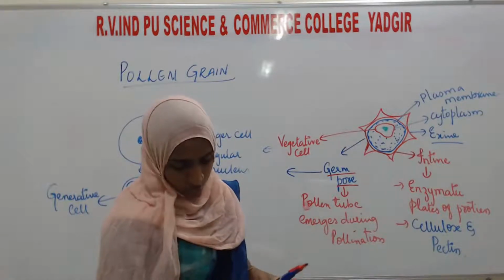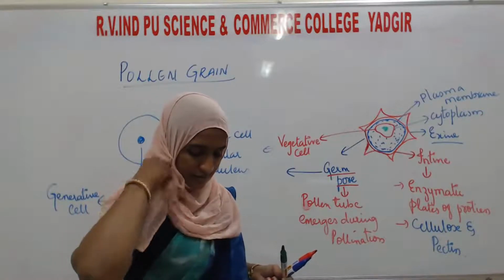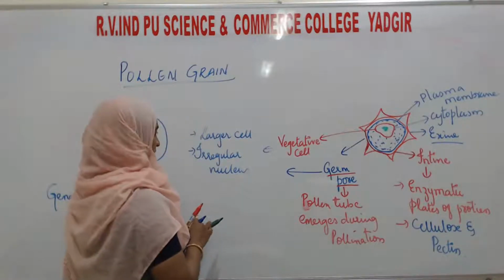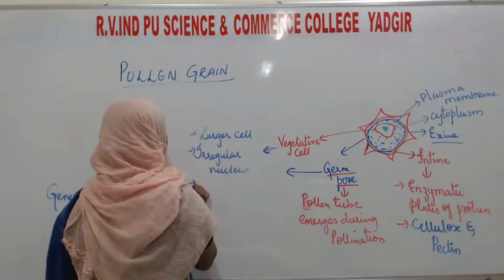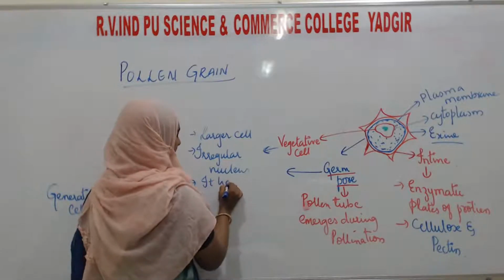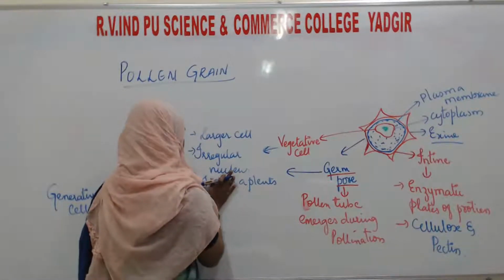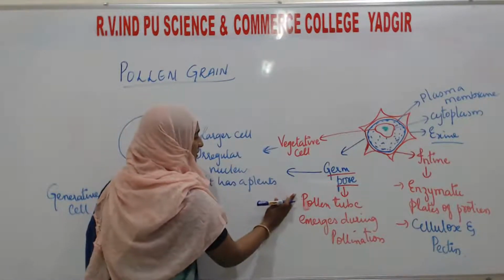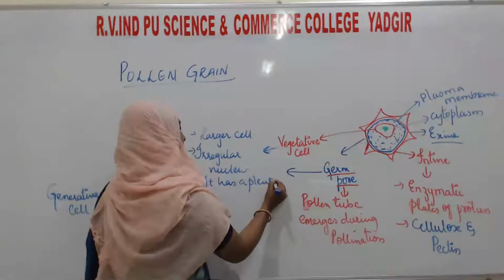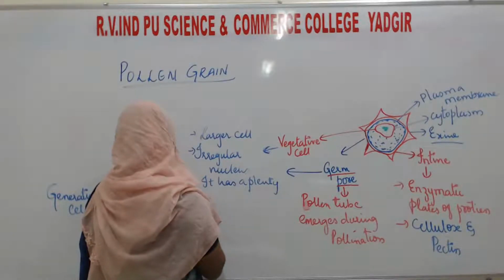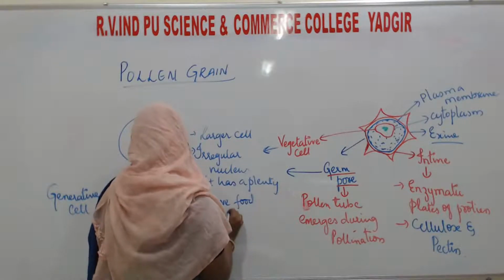Next, why is it bigger? The vegetative cell is bigger because it has a plenty or a large amount of reserve food material.